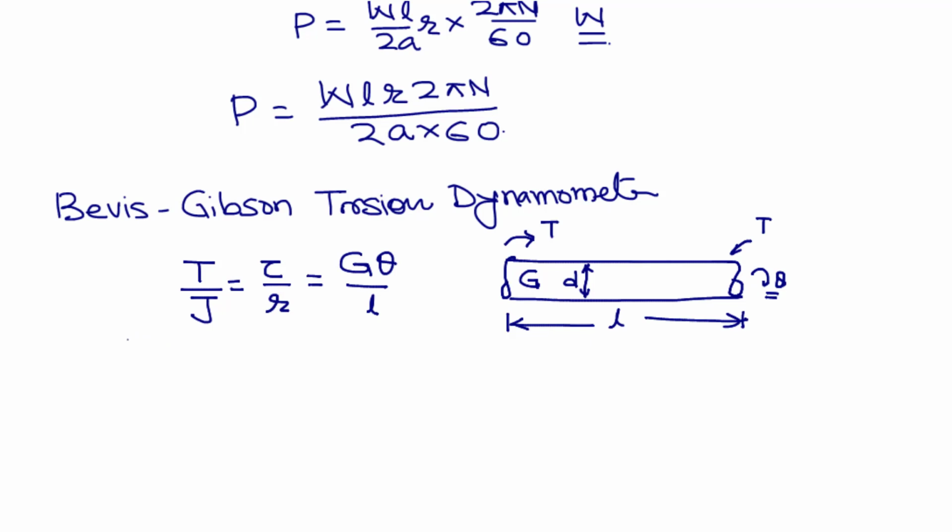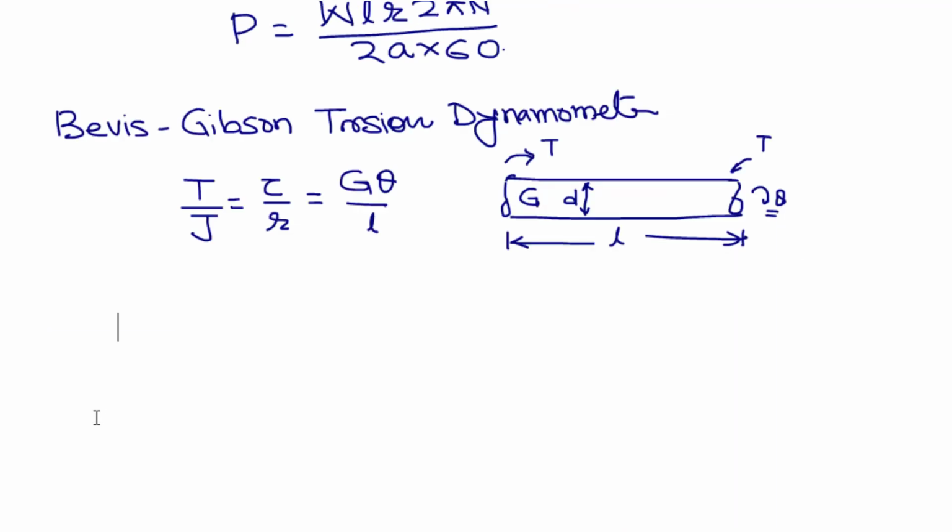Then T by J equals tau by R equals G theta by L. This type of torsion dynamometer is based on this formula. And torque T is equal to GJ by L into theta if the shaft is solid.